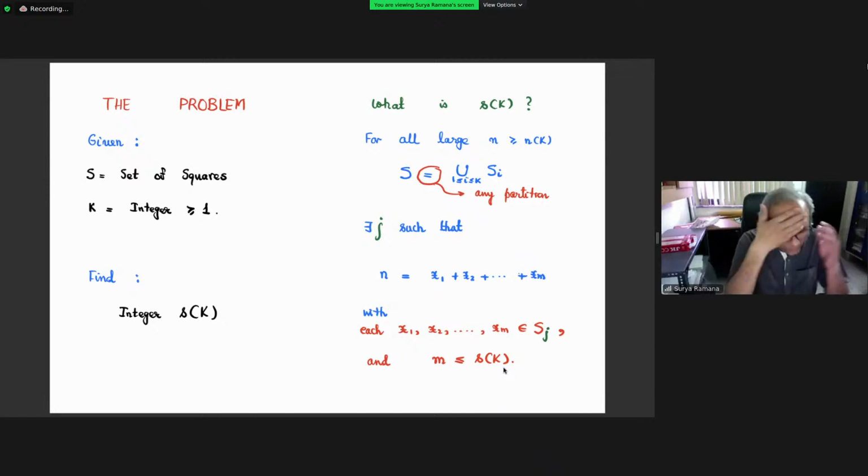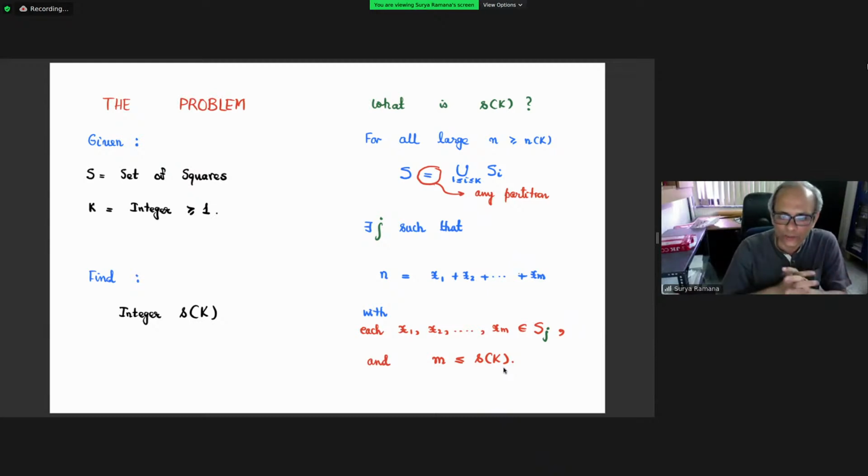So you have to find the smallest integer s_k, which has the property that given any k-coloring of the squares, all sufficiently large integers have a monochromatic representation. That means n can be written as a sum of squares, all summands belonging to the same set of the partition, and the number of summands not exceeding s_k. Of course, the color, namely the subset of the partition that is used, can vary with n, but each n should have a monochromatic representation as a sum of squares.